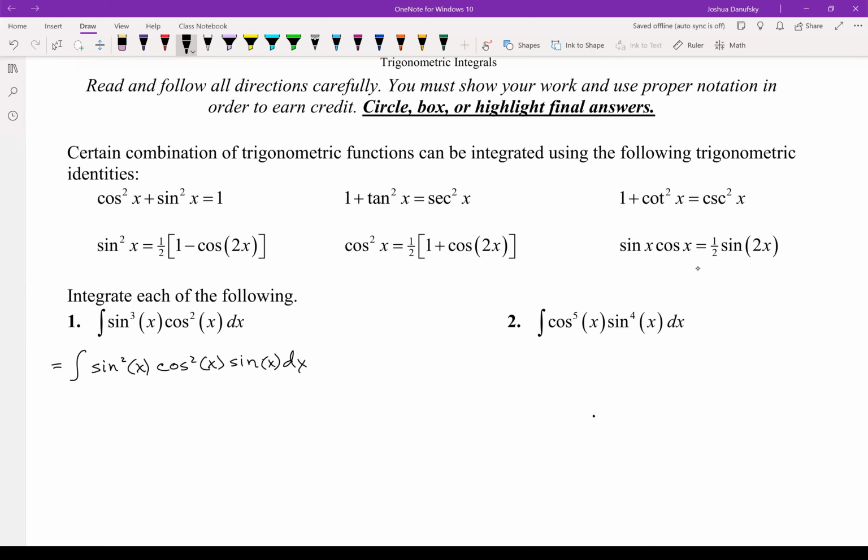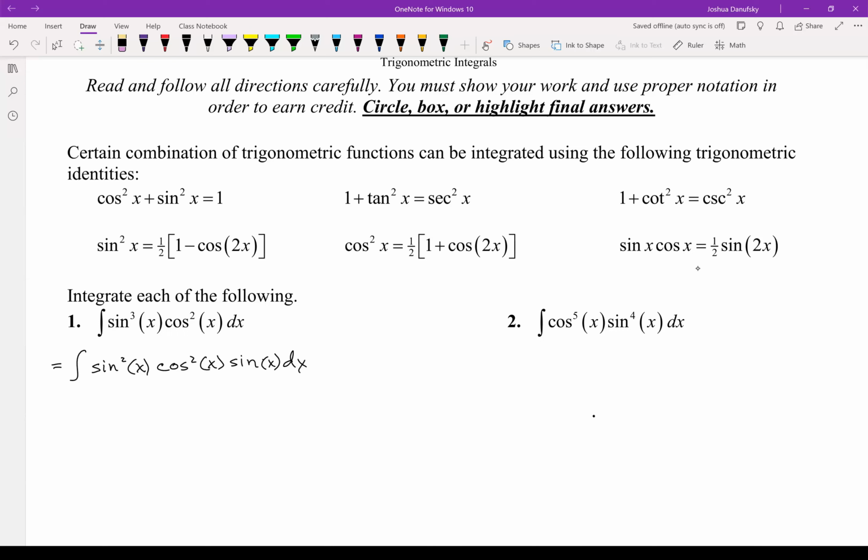I've saved this sine x dx in the back in order to be able to do a u-sub. As you know, if we let u equal cosine, then when we find du, we're going to get negative sine x dx, and then we can do a u-sub. So if we had the rest of this integrand all in terms of cosine, we'd be in good shape.